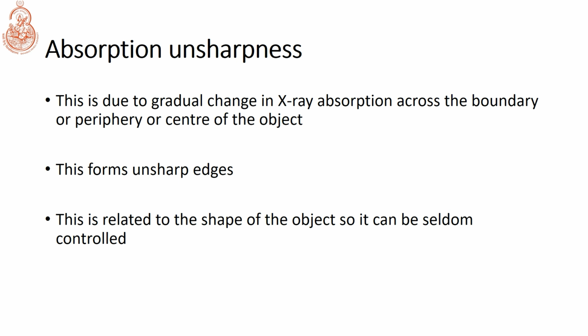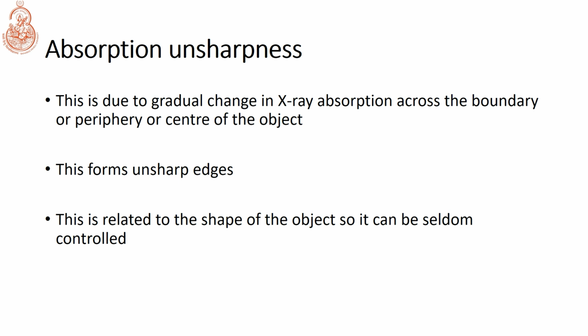The third one is absorption unsharpness, and this is due to a gradual change in X-ray absorption across the boundary, periphery, or center of the object. This forms unsharp edges, and this is related to the shape of the object, so it can seldom be controlled. Which means that we have a structure of different size at different locations.